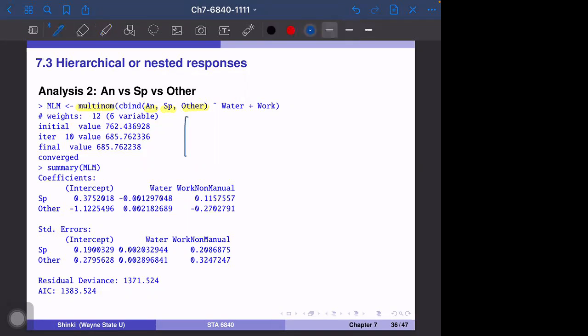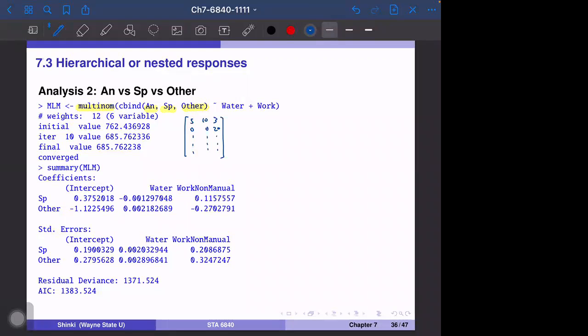These are numbers such as 5, 10, and 3, or 0, 0, 20, and so on. For a multinomial random variable with multiple possible categories, if we make a matrix whose columns are the numbers for each category, then we can fit this with the multinomial function.